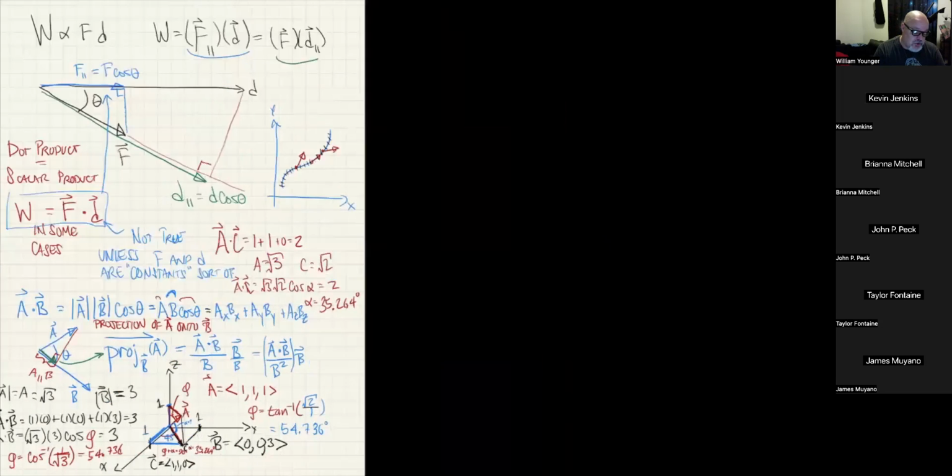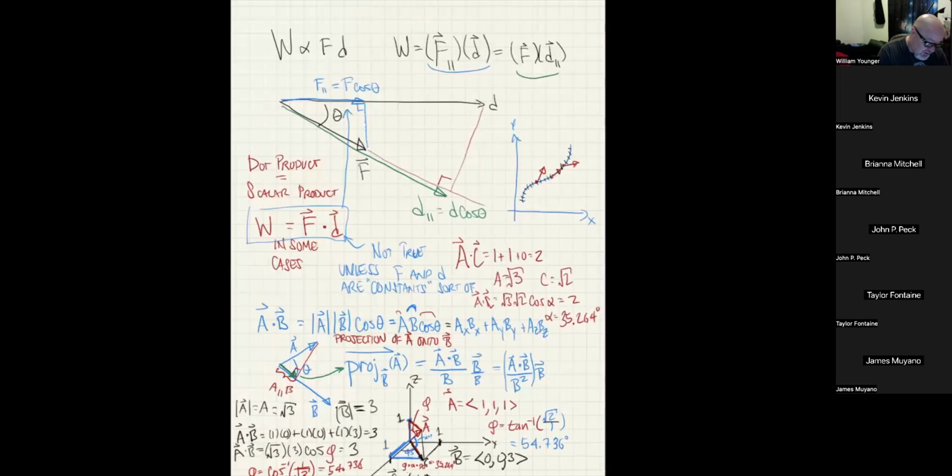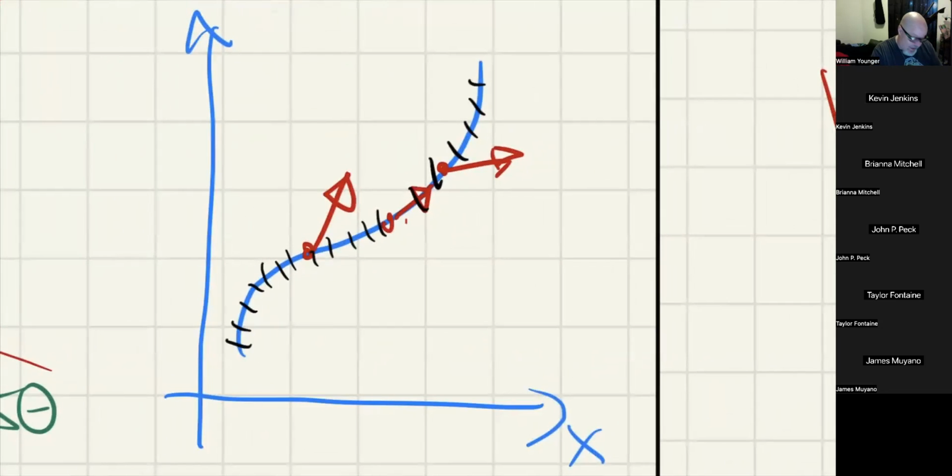Now, I want to generalize that definition of work. Remember I told you in the case of a curving path, you want to cut it up so small that each little section is just a straight dot product of F and the displacement, because that part of the path is straight, and that small part of the force is constant, and the angles are constant.